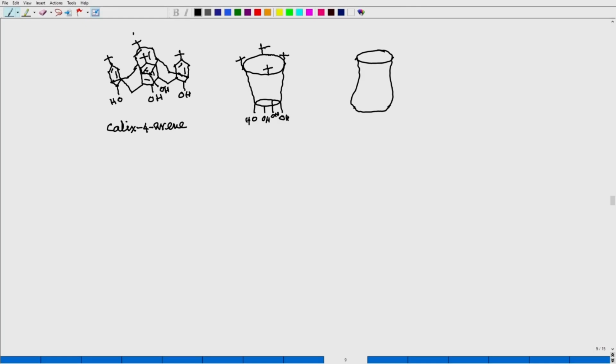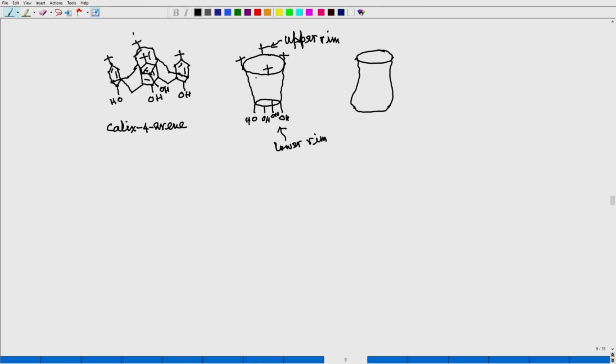This is called upper rim. Let me write upper rim, lower rim. Okay. So, upper rim and lower rim.